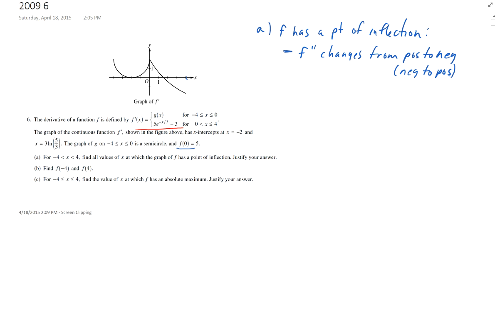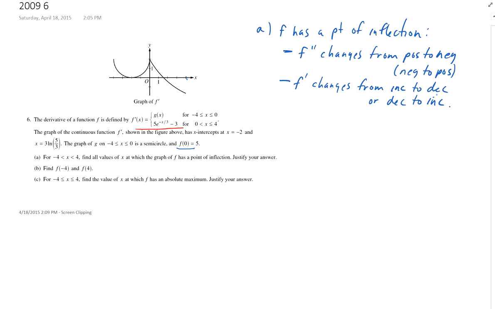The problem is I really don't know what f double prime looks like readily. Or the other thing is I know that f prime changes from increasing to decreasing, or decreasing to increasing.